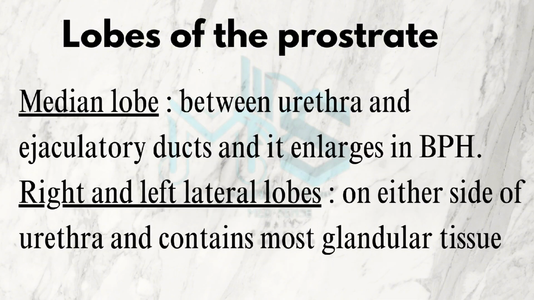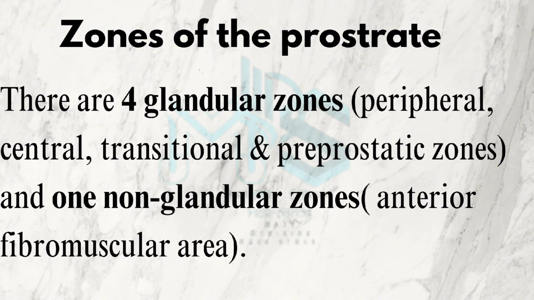The median lobe is between the urethra and the ejaculatory ducts, and it enlarges in BPH, as we saw from the diagram. The right and the left lateral lobes are on either side of the urethra, and they contain most glandular tissues. Remember, we agreed that the right and the left lateral lobes are the only ones that persist in adulthood.